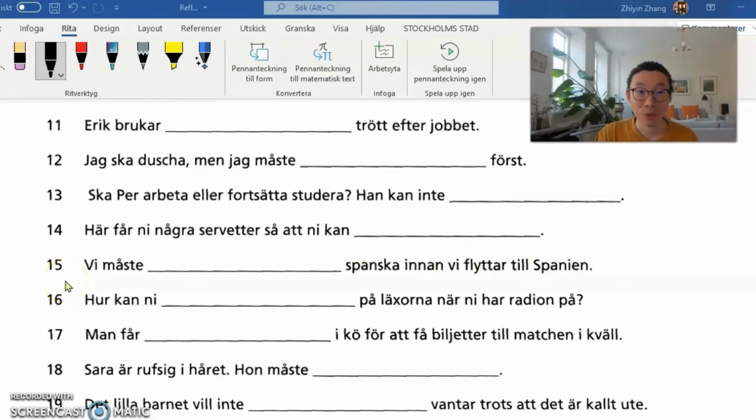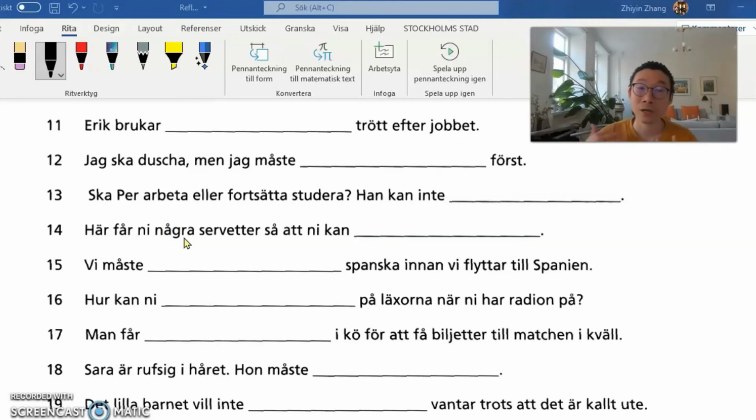Nästa, nummer 15. Vi måste lära oss spanska innan vi flyttar till Spanien. We need to learn Spanish before we move to Spain. Men om du använder ett annat verb, du behöver inte ha reflexiva pronomen.